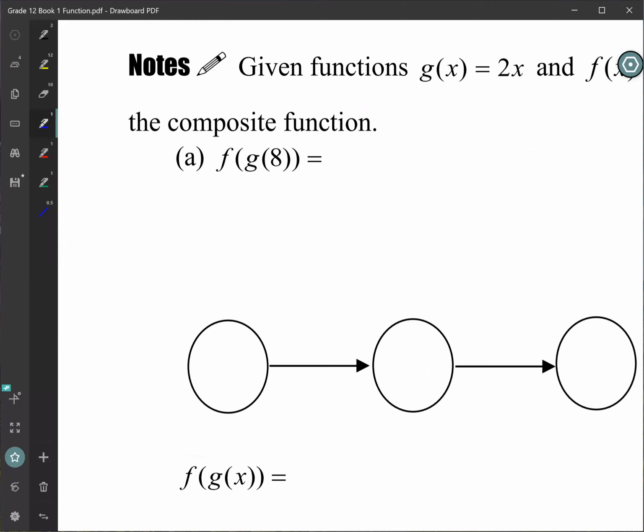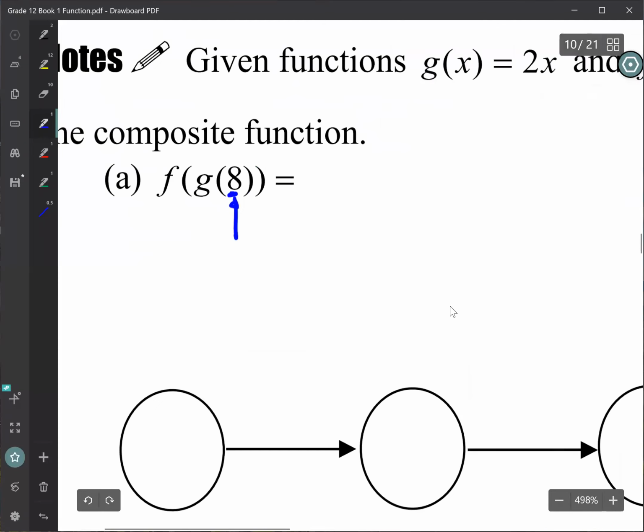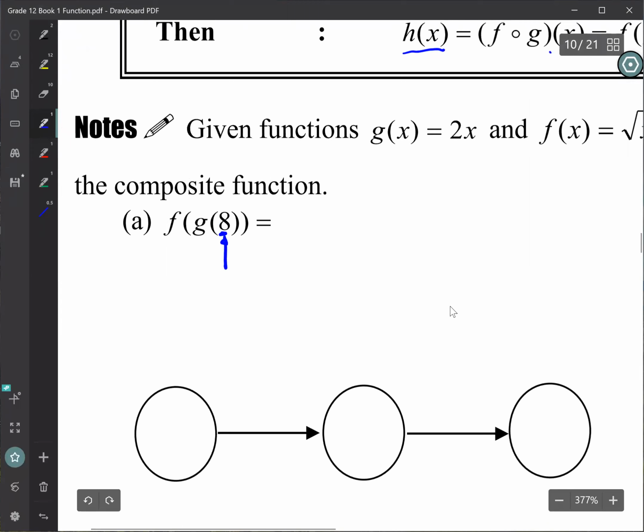Okay. So which one is the input? In f of g of 8, the innermost one, the 8. So 8 is like your raw material. First it will go into the g factory.